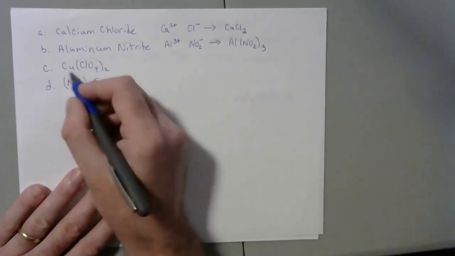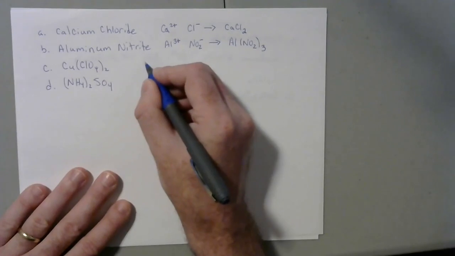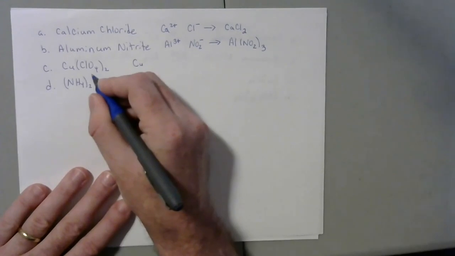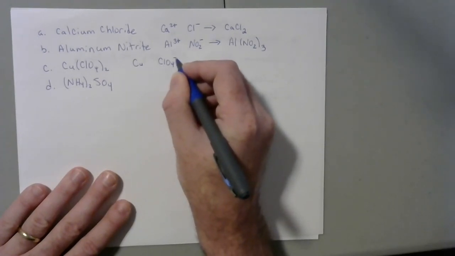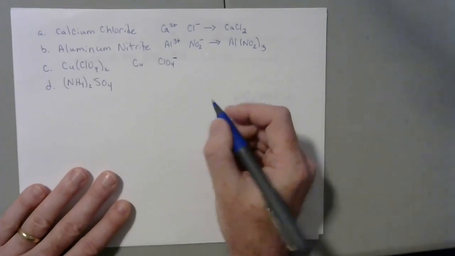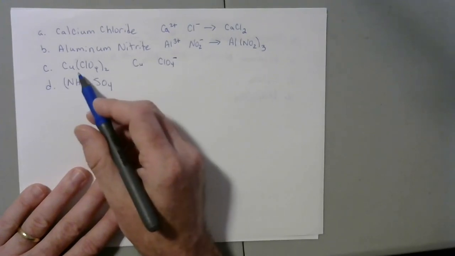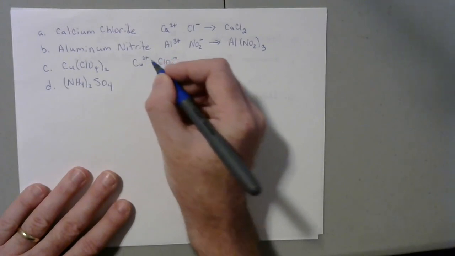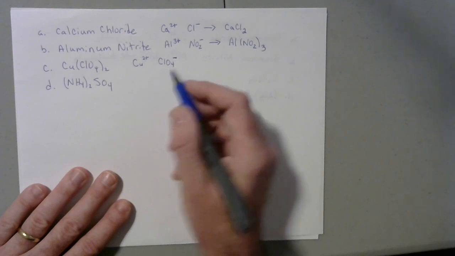Now, if we want to take it the opposite way, we have to infer what the charge on that copper is. So if we got a copper and we don't know its charge, but perchlorate is a polyatomic ion, and I could get its charge off the list. So we know it's ClO4 with a -1 charge. Since there's 2 of those, we have to infer that copper has to be a 2+ to balance it out. 1 copper 2+ is going to even out 2 perchlorate ions with 1- each.